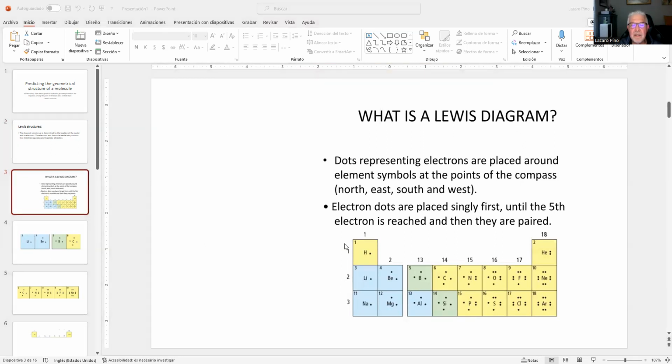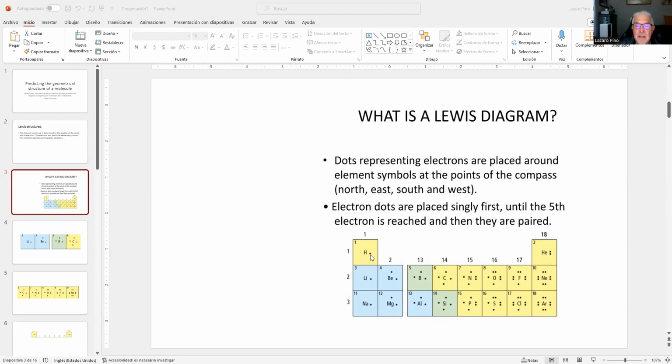The dots around the different atoms represent electrons, and they are placed around the element symbol at the points of the compass: north, east, south, and west. Electron dots are placed singly first until the fifth electron is reached, and then they are paired.